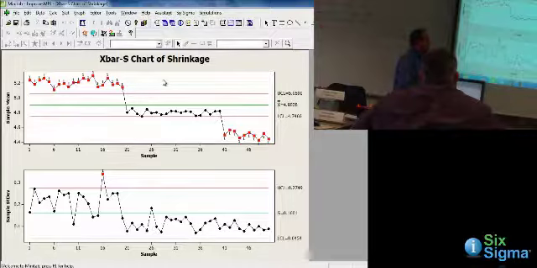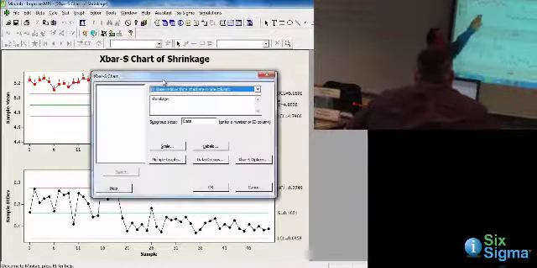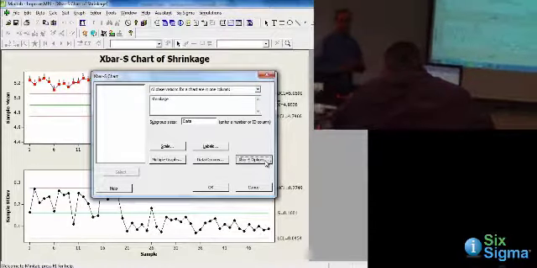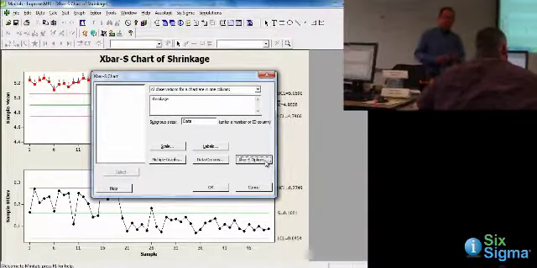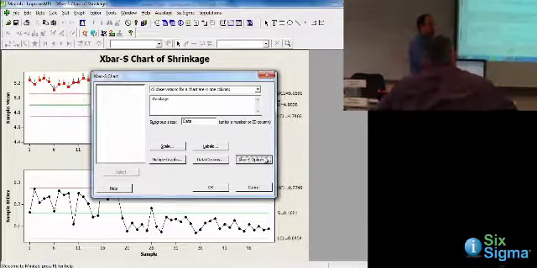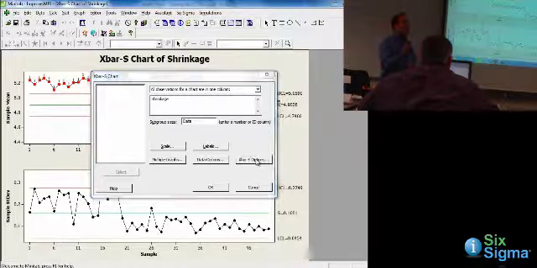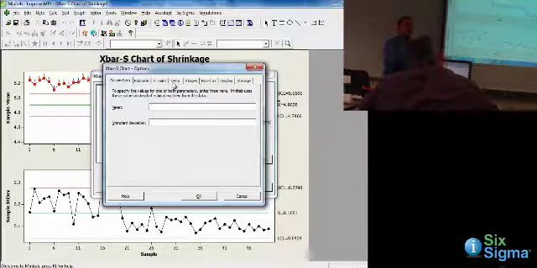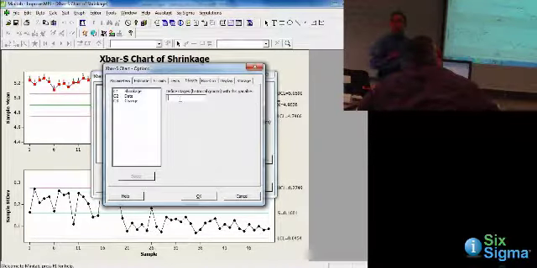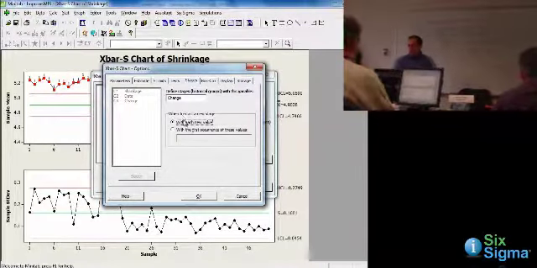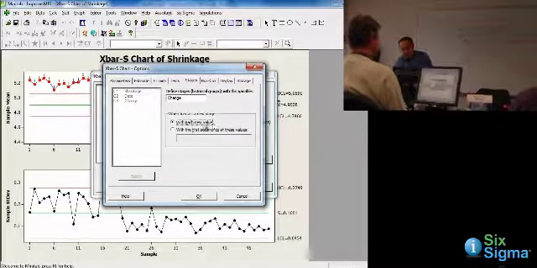This is a concept that Minitab calls stages. So you can force Minitab to calculate independent control limits for each unique stage and then assess if there was stability within each part, within each process. So let's see how that is done. There's a couple of ways you can do that. This is probably the easiest way, just keeping track of the stage in a third column in the worksheet, which we already did.